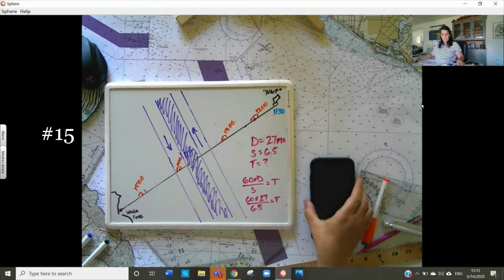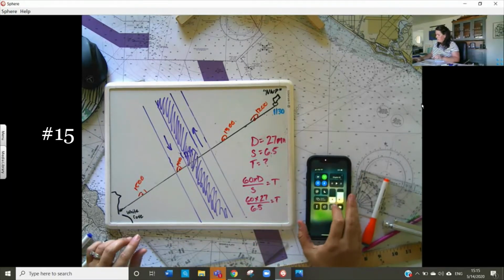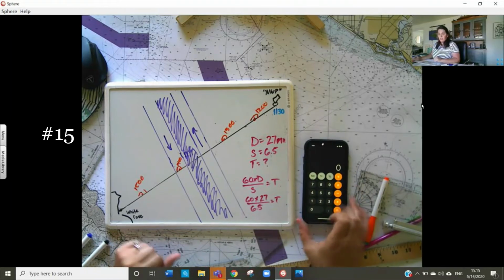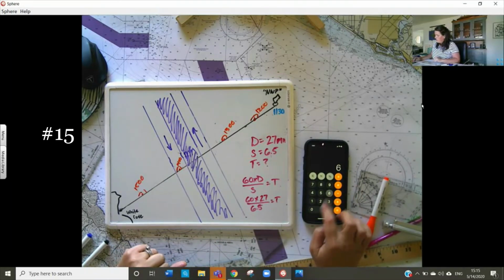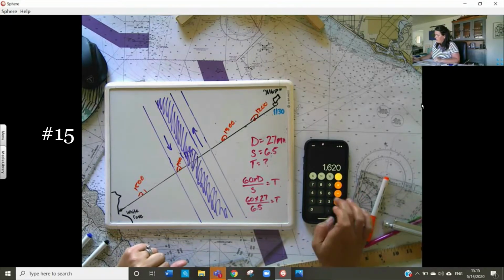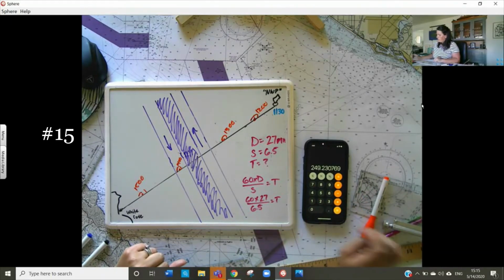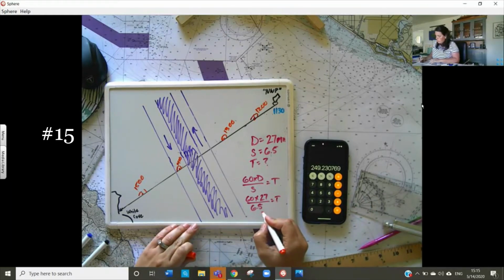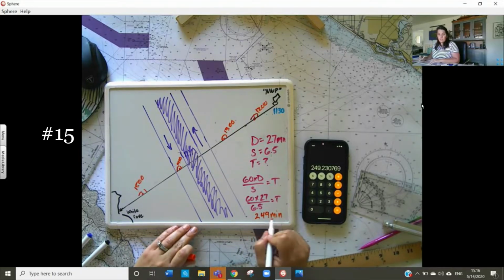So we'll plug that into our calculator. For 60 times 27 divided by 6.5, we get 249 minutes. Now we need to convert that to hours and minutes.